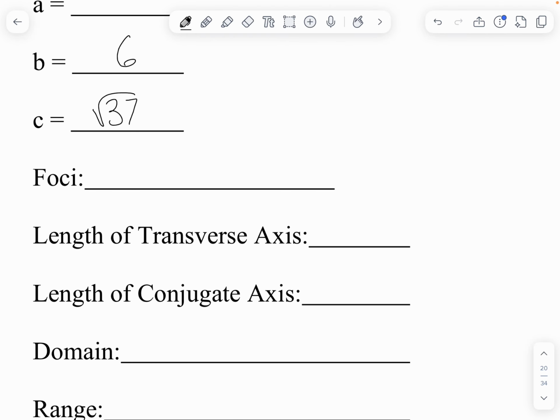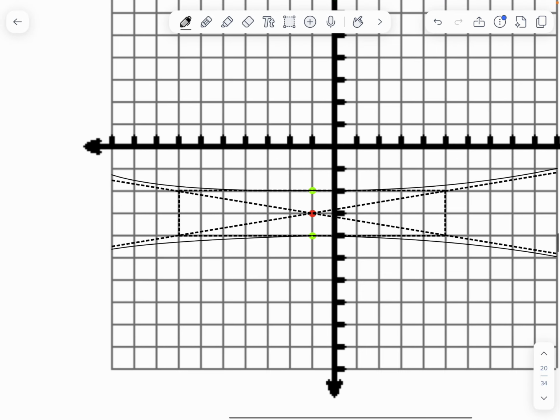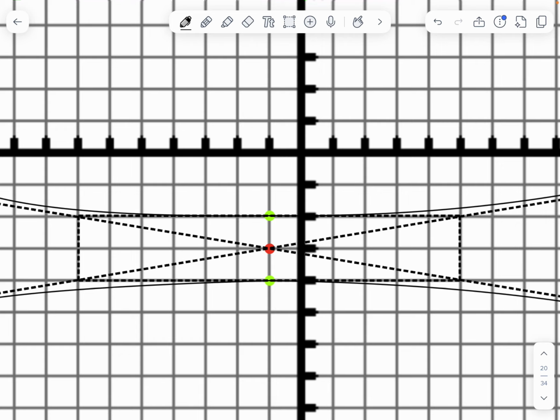And time to find the foci. So since this is a vertical hyperbola, we're going to base our foci off of the y. So -1, -3 plus or minus root 37. So converting root 37 to decimal form, that's around 6.8.